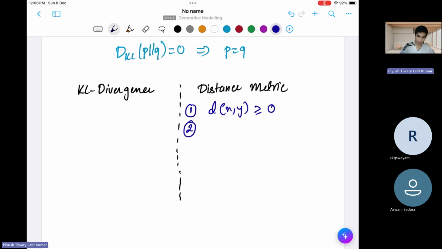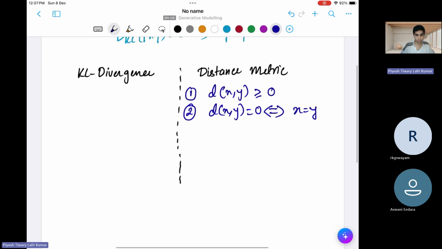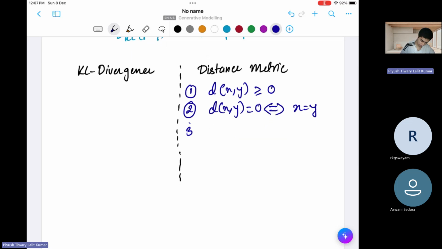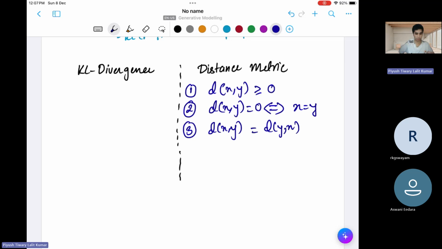Another property of a distance metric is that D of x comma y is equal to 0 if and only if x is equal to y. The third property is the symmetric property: D of x comma y is equal to D of y comma x. So the distance between x and y is equal to the distance between y and x.